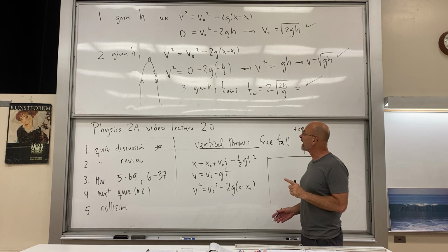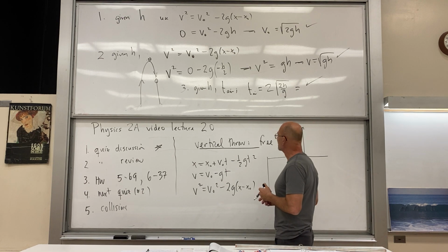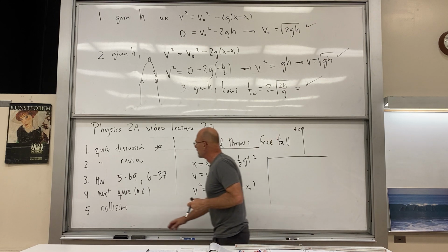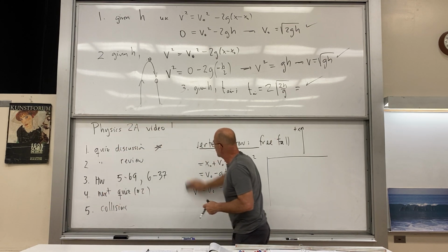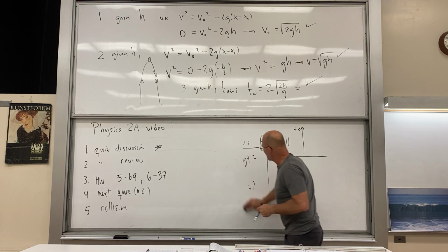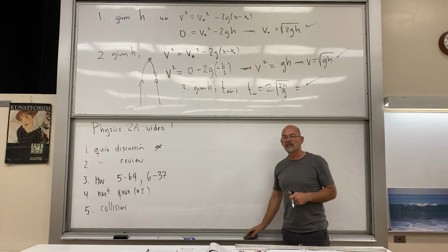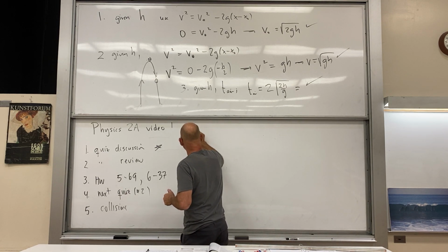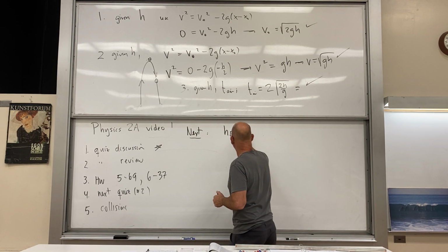So I'll tell you now what our next quiz topic is going to be, and actually I already promised it to you guys some time ago. We want to do the horizontal throw.